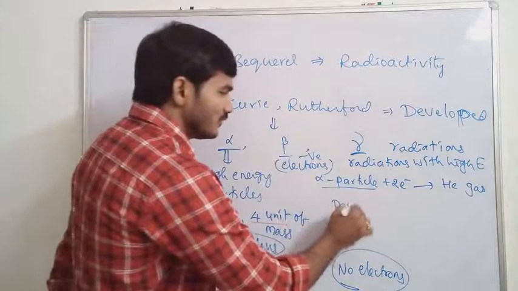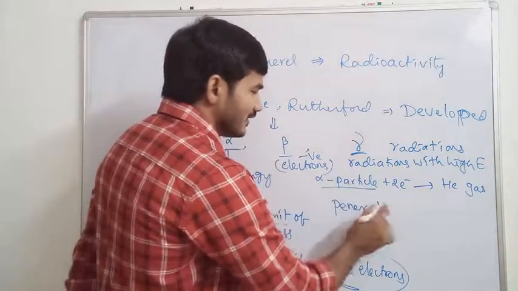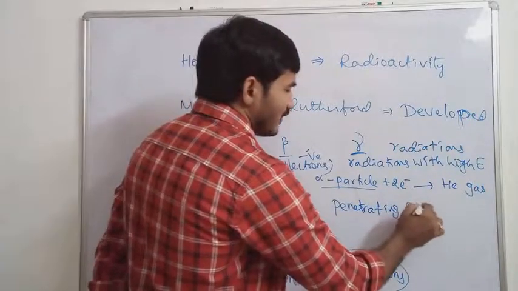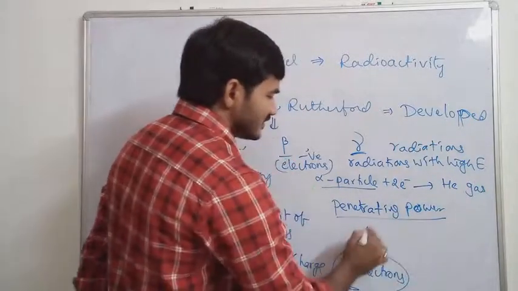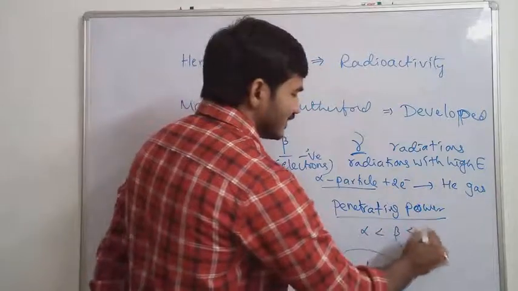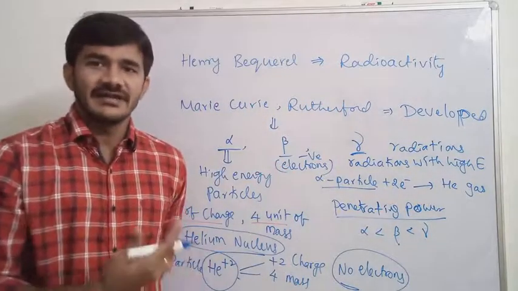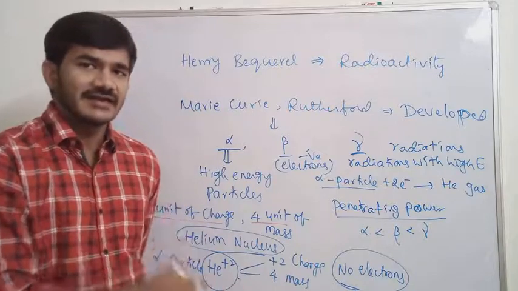Penetrating power means they are able to go through the material. The penetrating power of alpha, beta and gamma is: alpha has the least, then beta, and gamma has more penetrating power than beta and alpha.